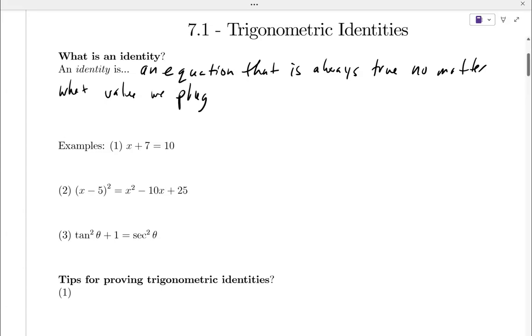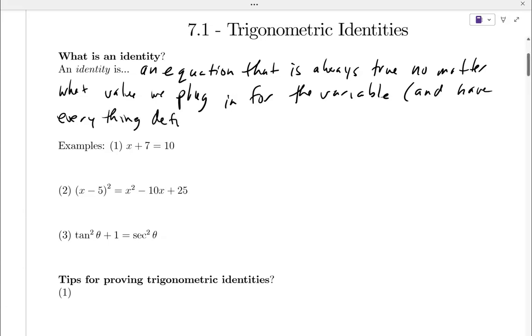Plug in for the variable. And I'll put in parentheses and have everything defined. If you plug in a value for the variable and it makes an expression undefined, we don't worry about that in terms of whether or not the identity is true.